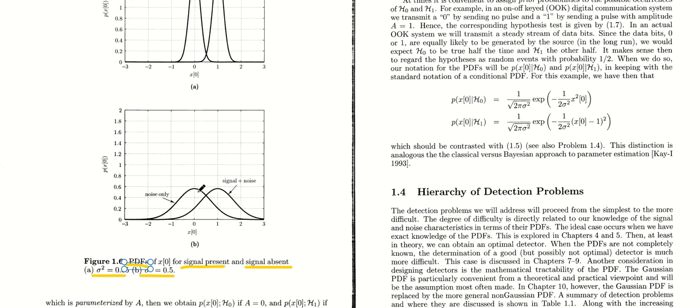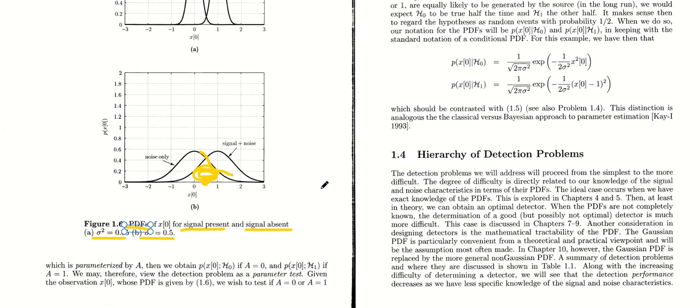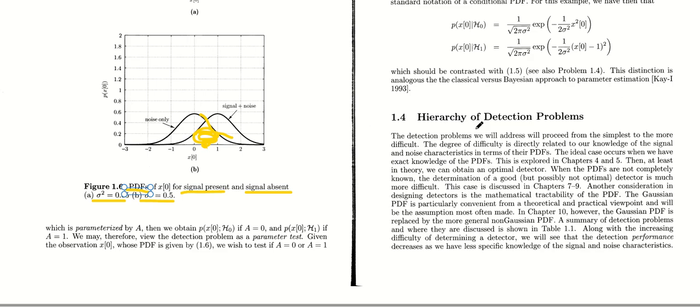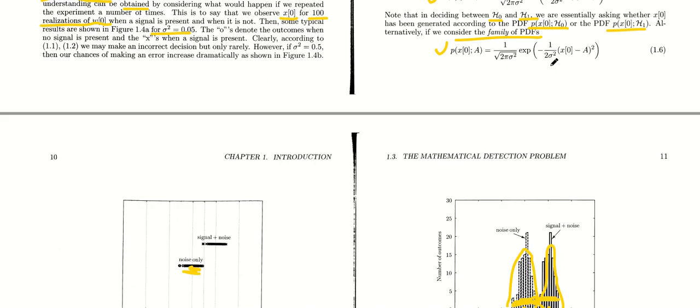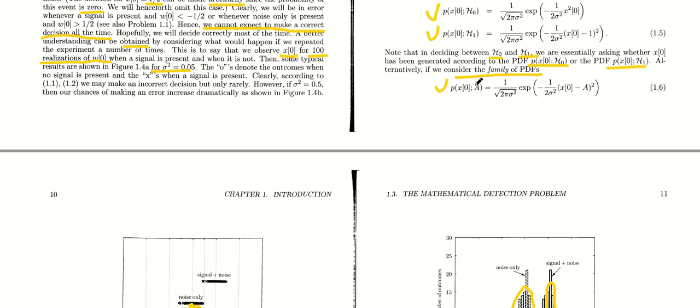But in this case, you see a lot of overlap. We want to emphasize that the overlap is the area that gives us errors, because when you receive signals in this area, it will be very difficult to determine whether it's H0 or H1, because it could be both. It could be one of them with reasonably high probability. So that is the family. The family of PDFs is parameterized by A.